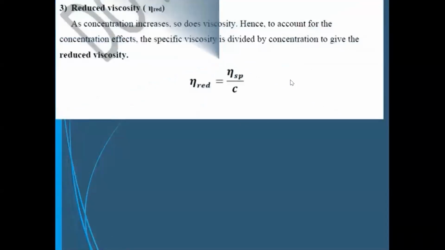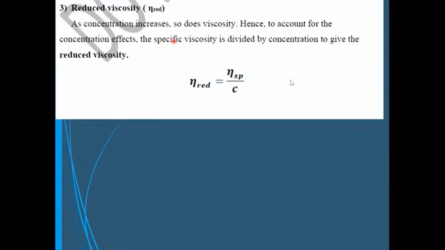Type number 3, reduced viscosity, η_red, equals specific viscosity to concentration of solution. We know as concentration increases, the viscosity increases, and the resistance of molecules in the solution becomes higher because the concentration increases, and vice versa.